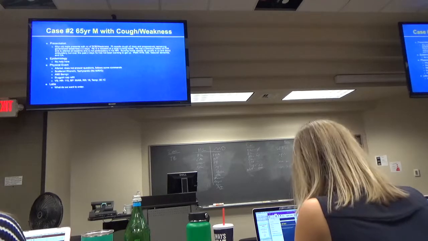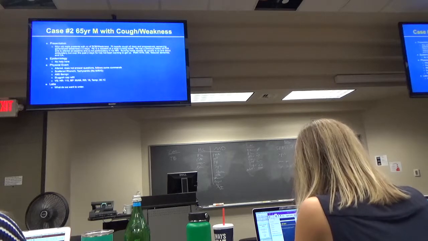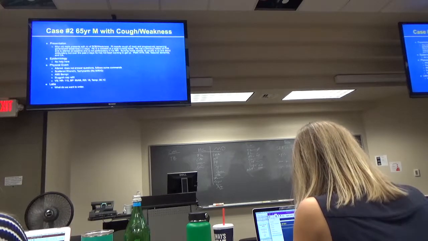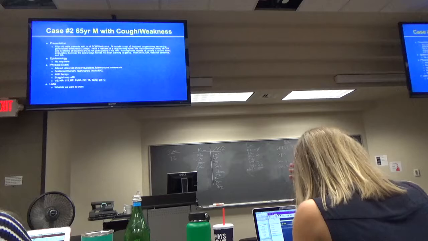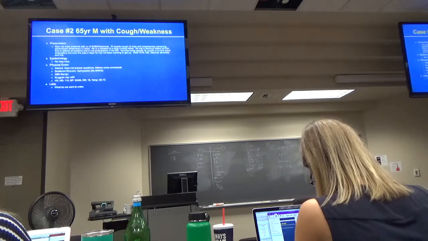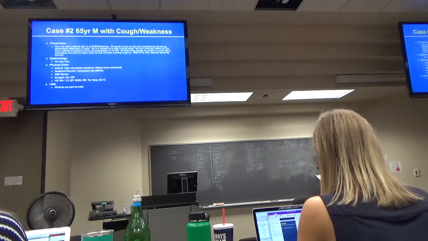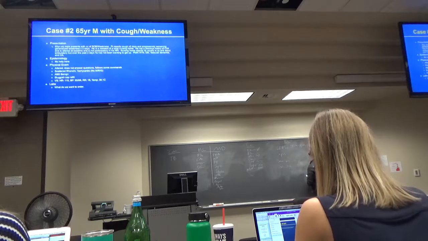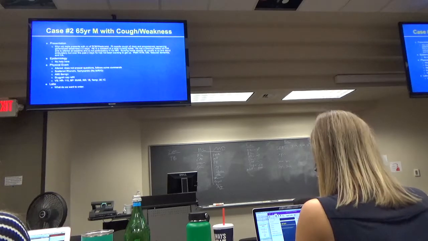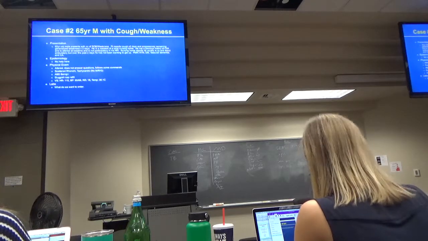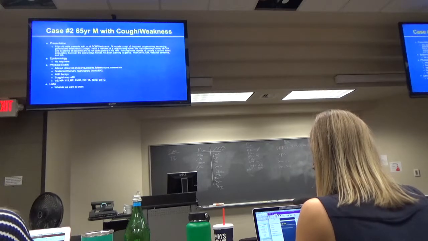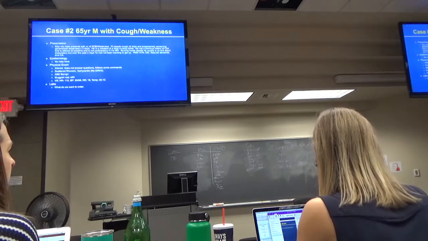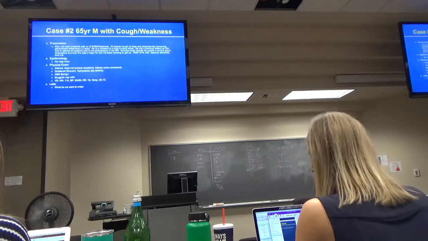Respirations greater than 20. What's the last one? White count greater than 12 or less than 4. Or 10% bands. Exactly. Bands are a group of immature neutrophils, so you can just remember that from lab medicine.